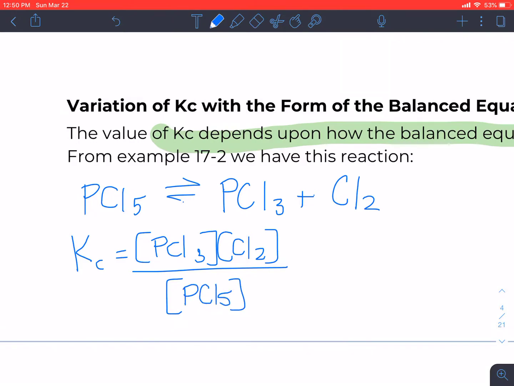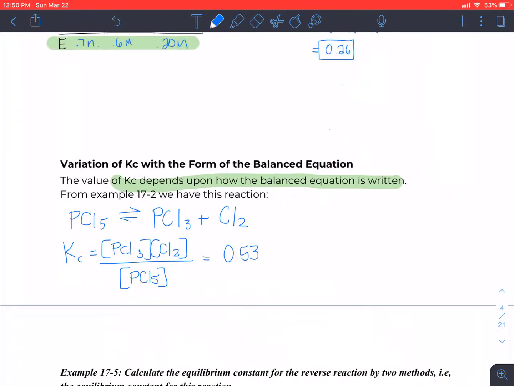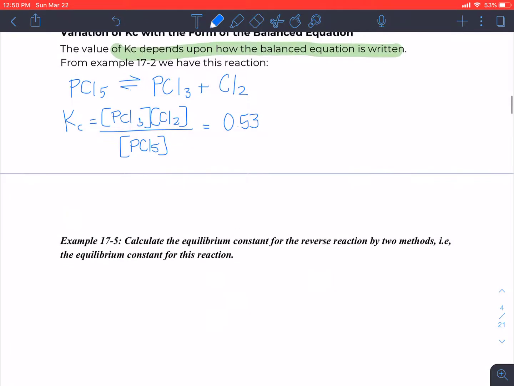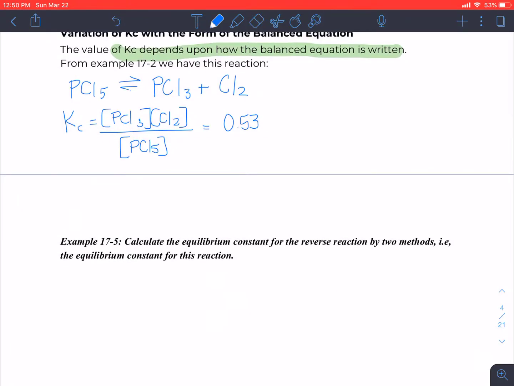Okay, and based on that temperature and those specific concentrations, we were able to calculate its equilibrium constant value.